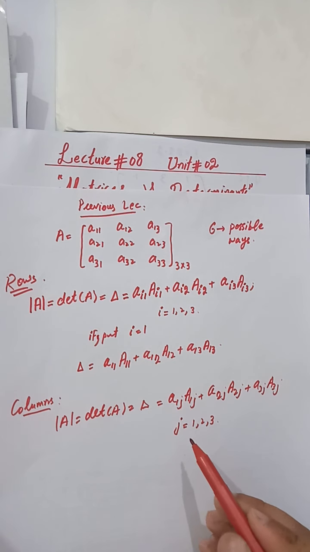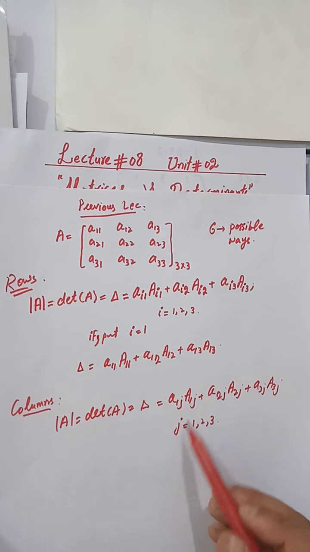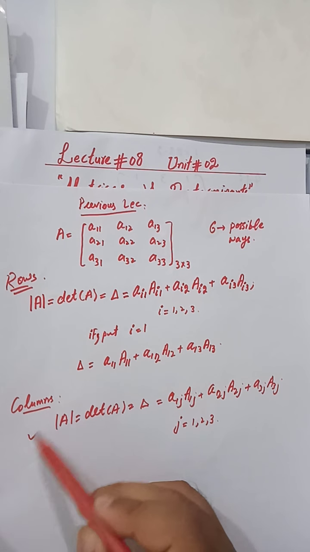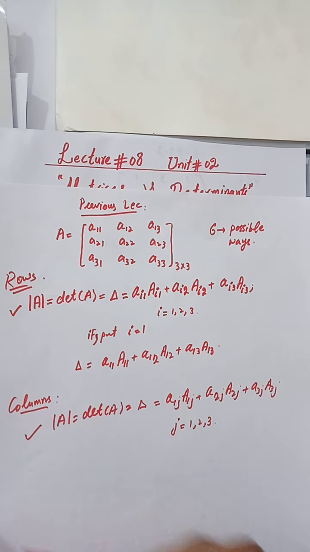So if you put j equal to 1, you will get the determinant of the matrix A using the first column. If you put j equal to 2, you will get the determinant using the second column, and if you put j equal to 3, you will get the determinant using the third column. So from here you get 3 possibilities, and from here you get 3 possibilities. So these are the 6 possible ways to find out the determinant of matrix A.